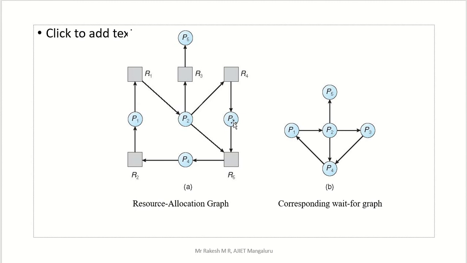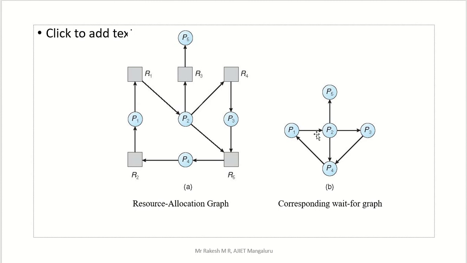So directly here we can put an arrow. P3 is waiting for completion of P4, P4 is waiting for completion of P1, see the arrow mark, and P2 is waiting for completion of P4, because P2 is requesting here, but this is allocated here, so a direct arrow here. So this is your wait-for graph.